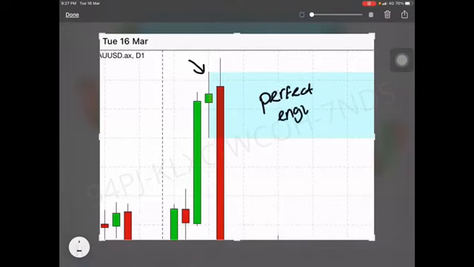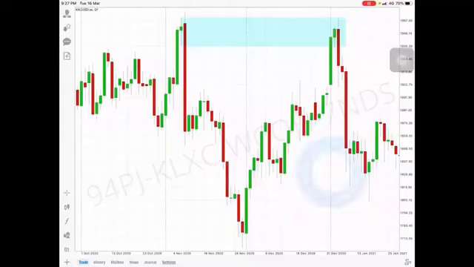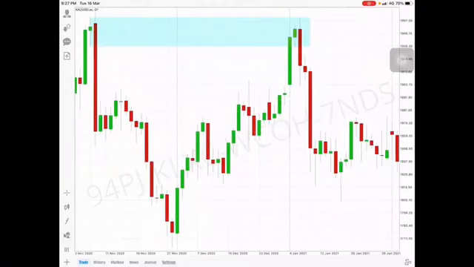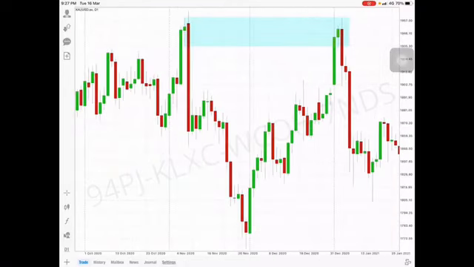So right here, we have a sell engulfing. The candlestick that is being consumed is this one. So this is perfect engulfing. When the price reaches here, I'm going to look for sell. I'm going to show you some more.